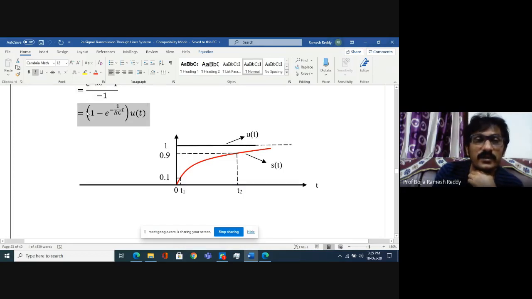It is very clear. Here y of t is ready-made from here. Substitute y of t1 equal to 0.1. Similarly, substitute t equal to T2 and equate to 0.9. 0.9 is the amplitude at T2. At T1, 0.1 is the amplitude.